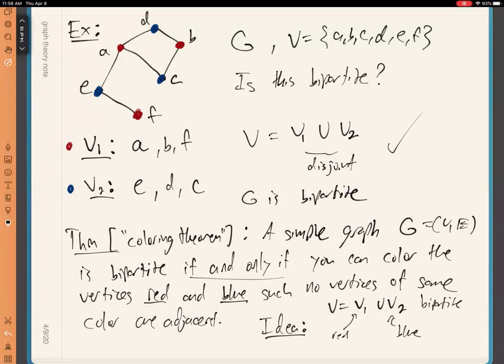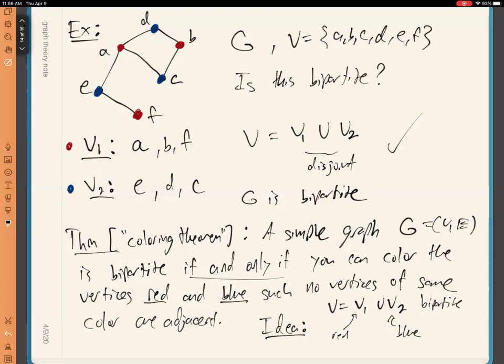And so if it's bipartite, nothing in V1 can be connected to anything else in V1. So none of the red vertices can be connected to another red vertex, right? And so therefore, you can color it this way, and no vertices of the same color will be connected to one another, right? And so this is the main idea of the proof.